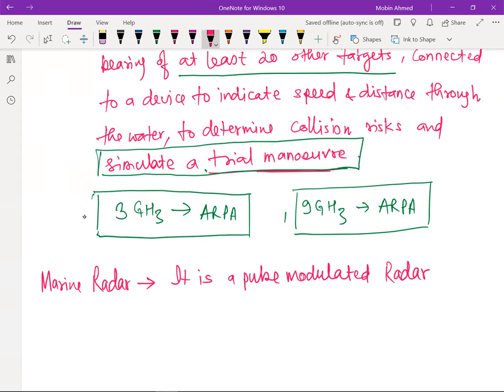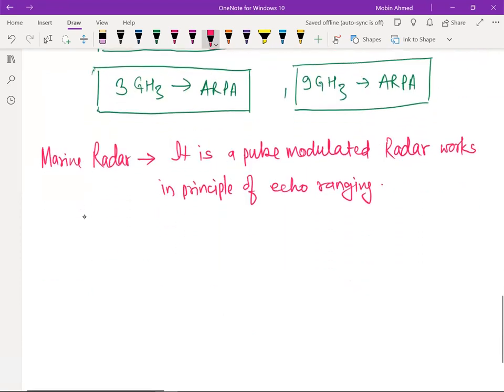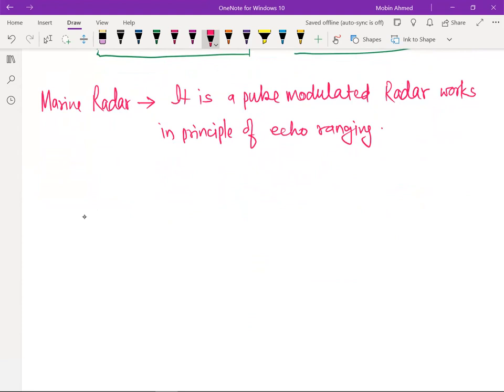It works on the principle of echo ranging. Echo ranging. Okay, what is this echo ranging principle? This echo ranging principle is that it uses electromagnetic waves.